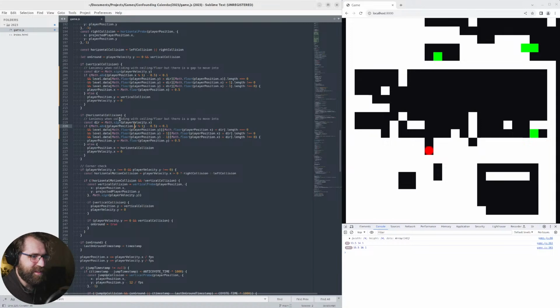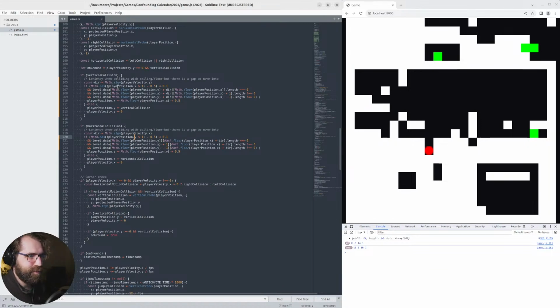So the leniency check for falling through the floor will only happen if not left pressed and not right pressed. Not right pressed. And all this stuff.